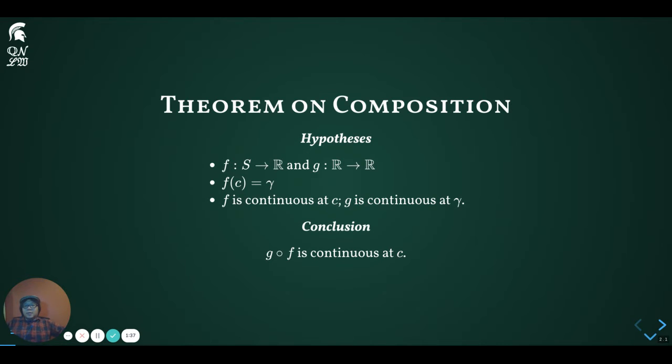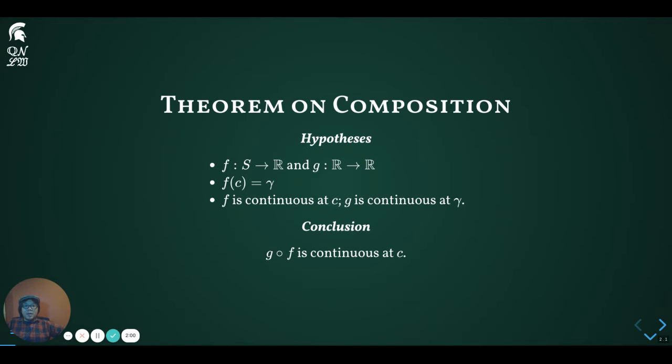An important theorem concerning continuous functions is that continuity is preserved under function composition. In other words, compositions of continuous functions are again continuous. A more precise statement is shown on this slide here. We let f and g be functions and suppose f of c is equal to gamma.